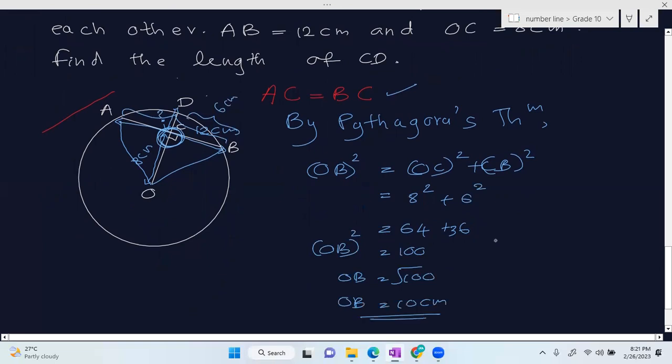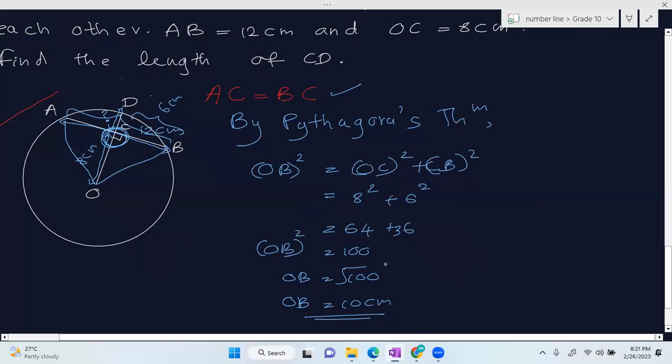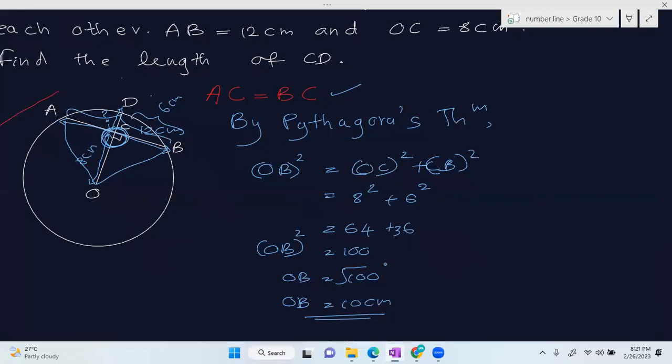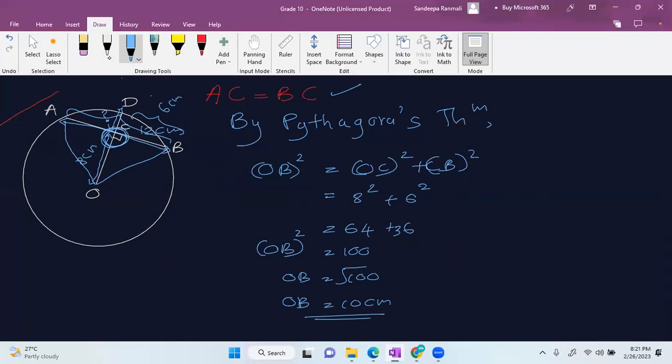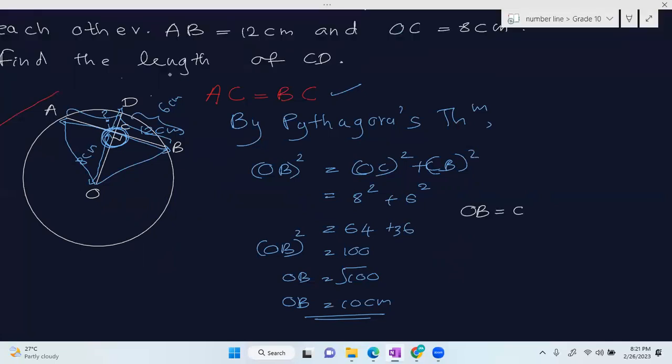Okay. So after we find the OB, I can write OB equals OD equals OA. I will ask one by one. What is the reason of writing this?